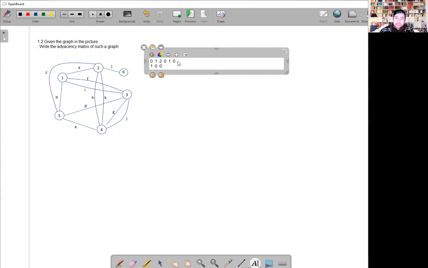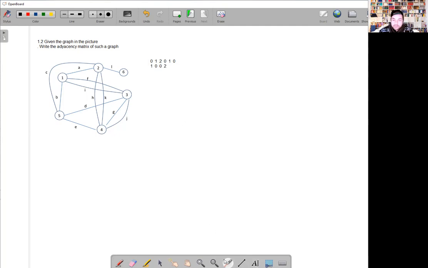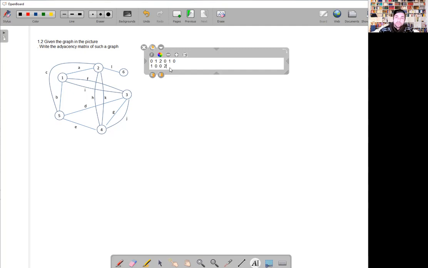And we have 2 links to 4, right? If we check it out, as you can see, 3 and 2 are not directly connected, but 2 is connected to 4 with 2 links, H and K. Right, so that's why we put a 2 here.